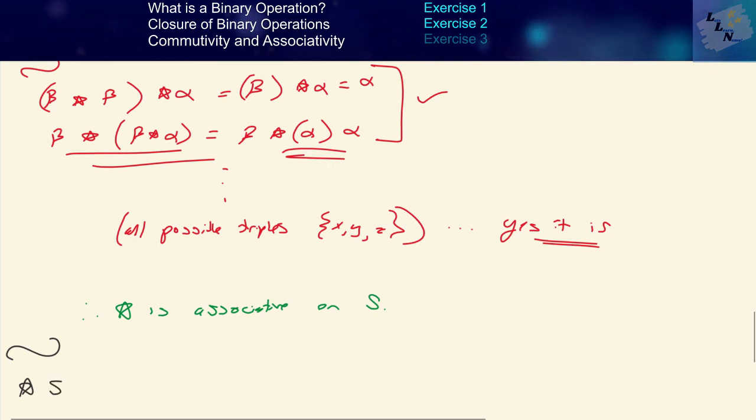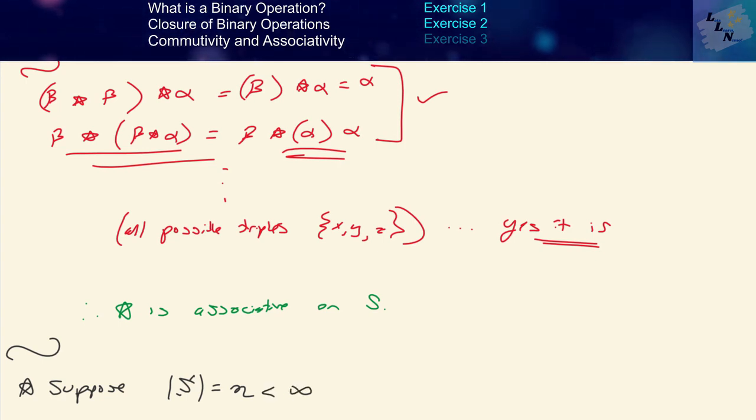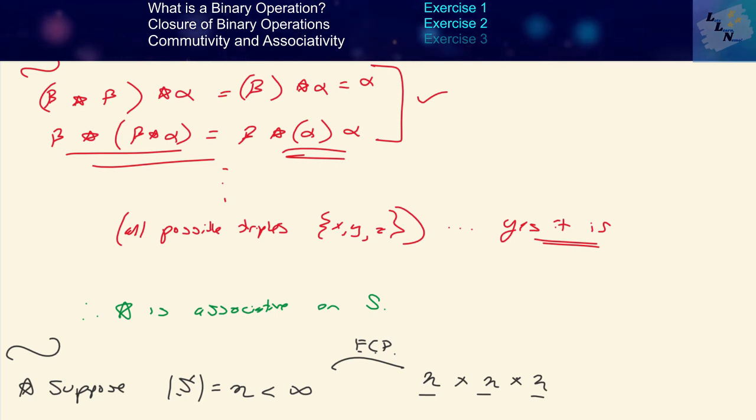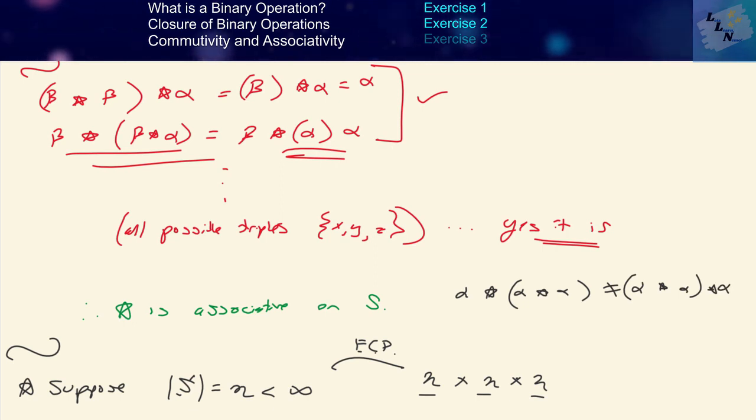So how many different triples do we need to check for this particular type of associativity test? Let us suppose that the set S has size n. So there are n distinct elements, and let's assume that this number n is finite. By the fundamental counting principle, which you probably encountered in statistics or probability theory, we're going to have n times n times n different triples, because technically it's possible that alpha star alpha star alpha is not the same as alpha star alpha star alpha if I define this binary operation star in some particular way.